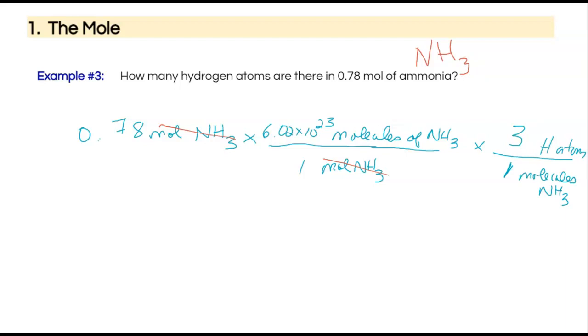I've been able to eliminate my units of molecules, and I'm left with hydrogen atoms as the remaining unit. So multiplying and dividing across, I get 0.78 times 6.02 times 10 to the power of 23 times 3. And so my unit analysis is telling me that I need to use 2 significant digits in my response. So that's what I'm going to do. I have 1.4 times 10 to the power of 24 hydrogen atoms.